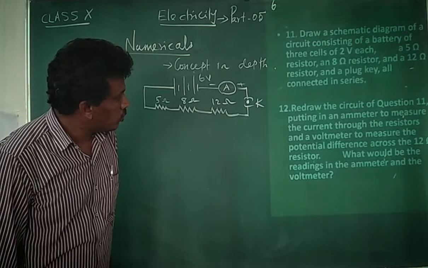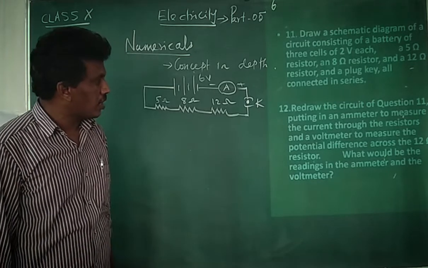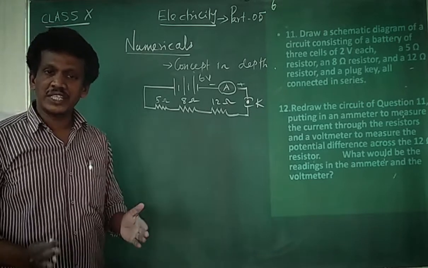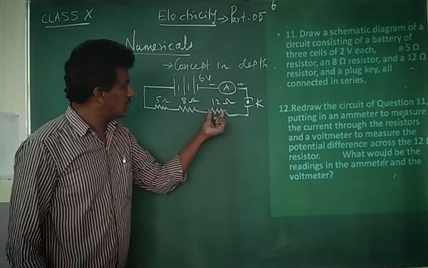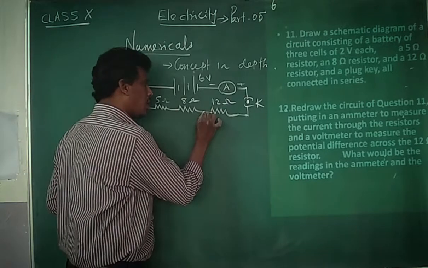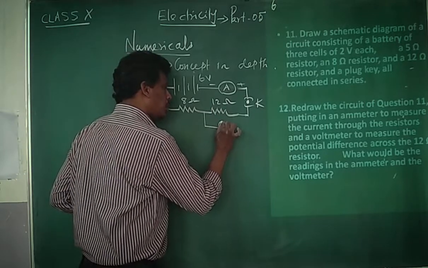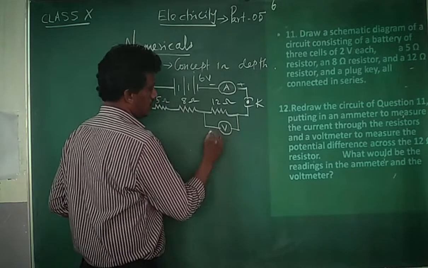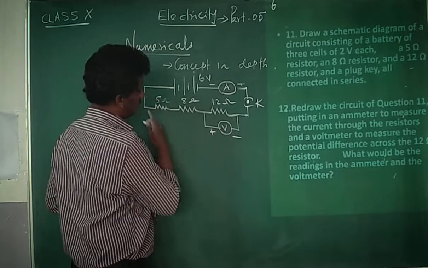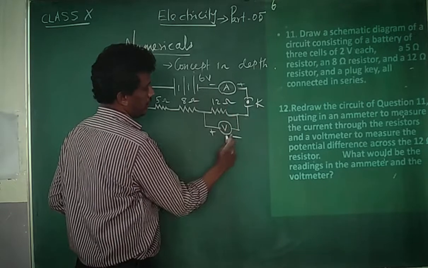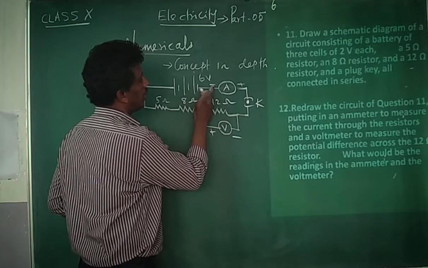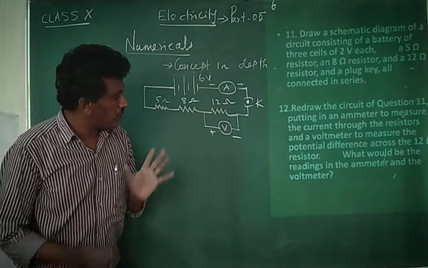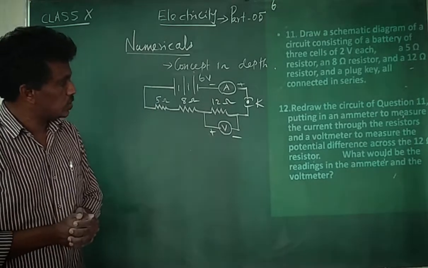And the voltmeter to measure the potential difference across 12 ohm. Where to connect the voltmeter? Across 12 ohm, because in parallel the potential difference remains the same. Yes, this is the voltmeter, positive, negative. So now the circuit diagram is completed for question number 12.